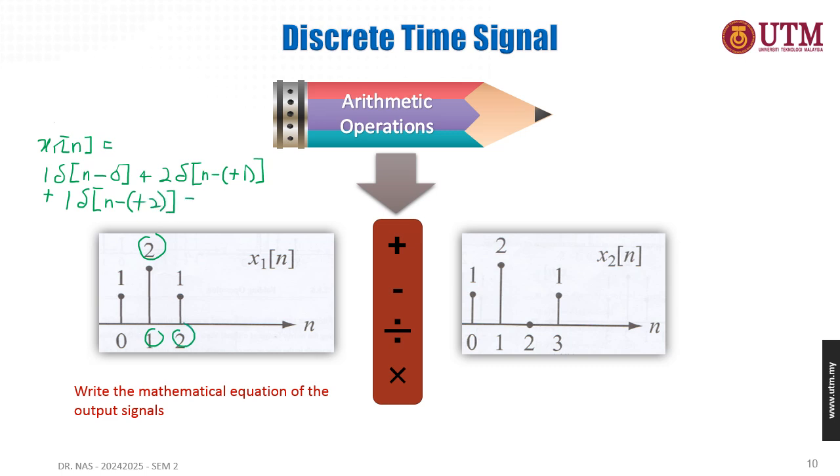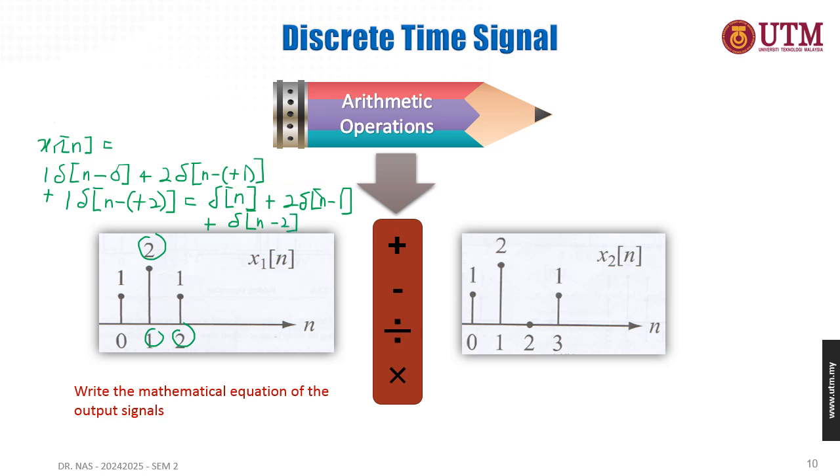Then you can simplify the equation. It is equal to delta[n] plus 2 delta[n minus 1] plus delta[n minus 2].